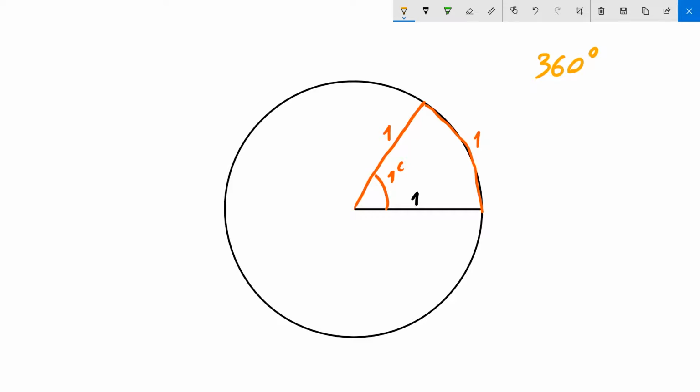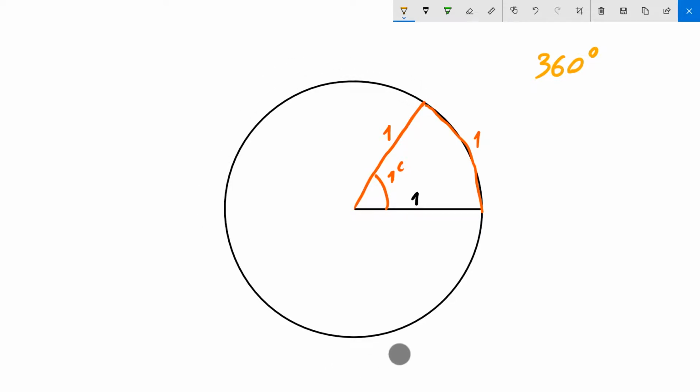So if we want 360 degrees but in radians, what's that going to be? Well, you can try and guesstimate how big a full revolution is going to be in radians, or you can just look at the circumference.